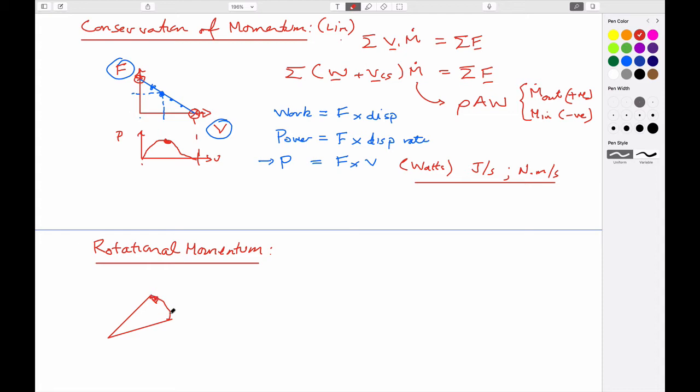This is the direction of the arrow. As it goes around the arc, it has some rotational speed, which we'll call v theta.